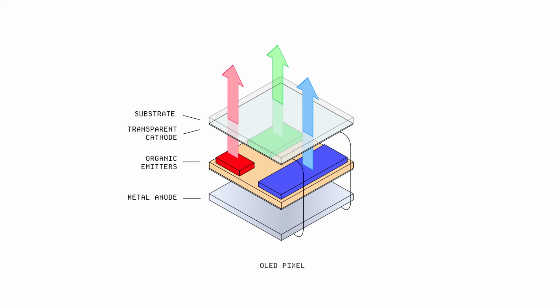And so OLEDs are designed with the opposite set of constraints. In its simplest form, it's sort of like an organic sandwich. You have these organic emitter layers, and they are sandwiched between an anode and a cathode, and we pump electricity through it, and it makes light.